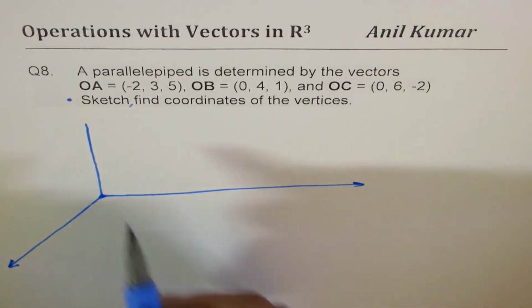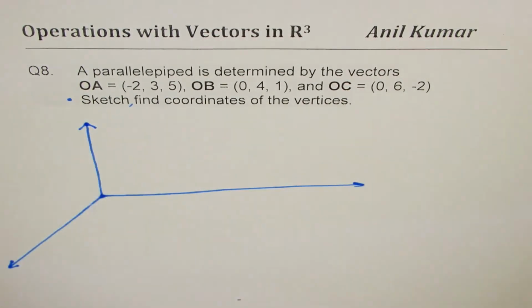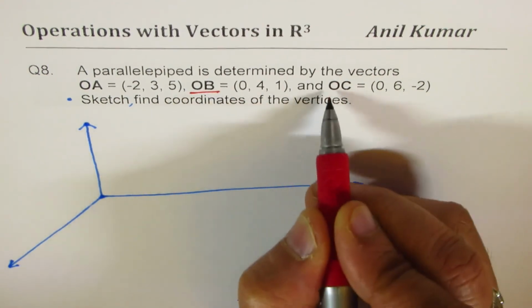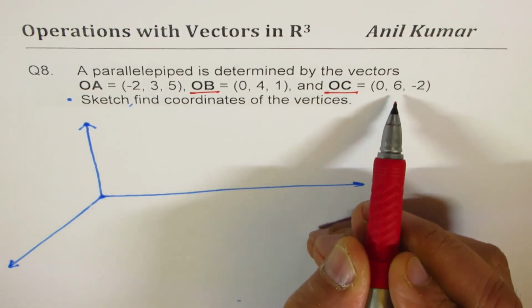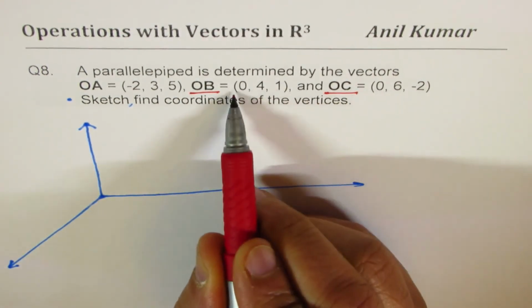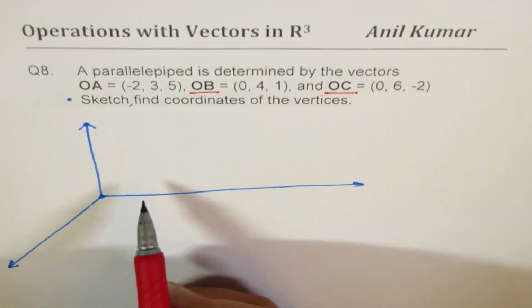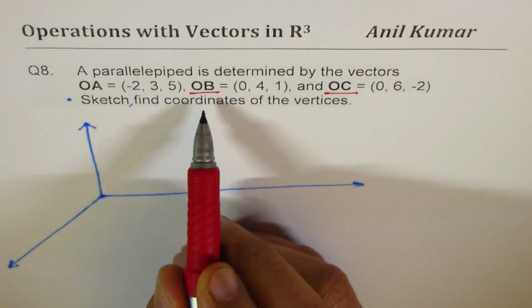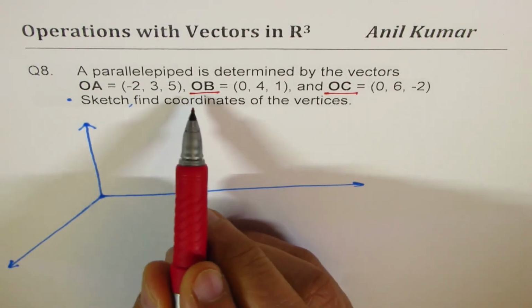So that becomes my XYZ coordinates, R3. Now, I will prefer to sketch OB and OC first, since they seem to be with 0 x-axis, so they're on this side, and then we'll take care of OA, right?